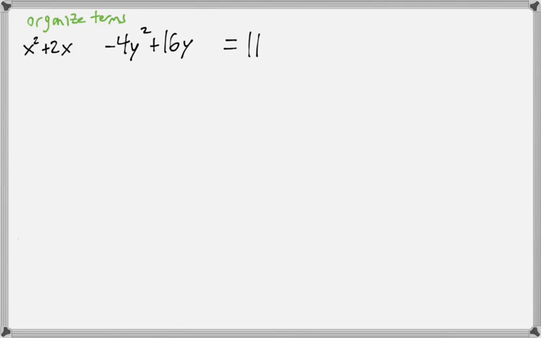So to complete the square, we can't have a coefficient next to the square term. So the x's are okay, but we have a -4 next to our y squared, which means we need to factor that out. And I'm going to leave a space and then close the parentheses.